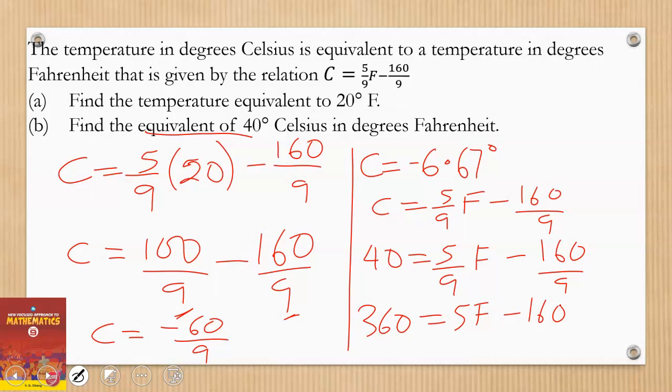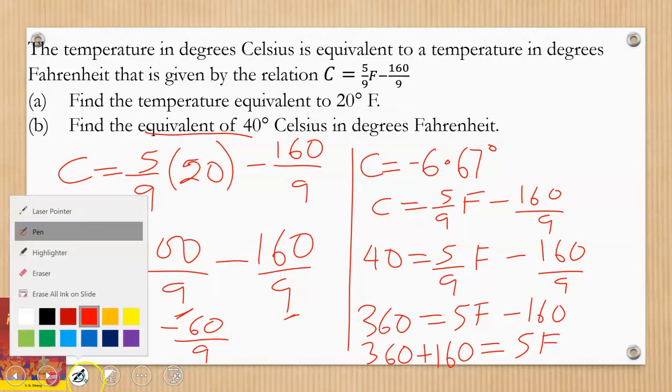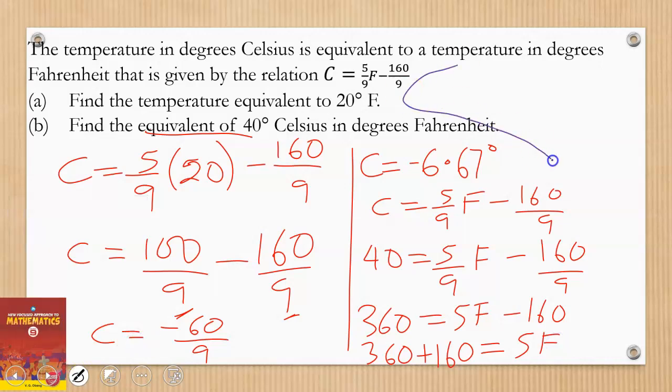So we make F the subject. Maybe I group like terms, and I can have 360 plus 160 equals 5F. Now when I add 360 to 160, we have 520, right?